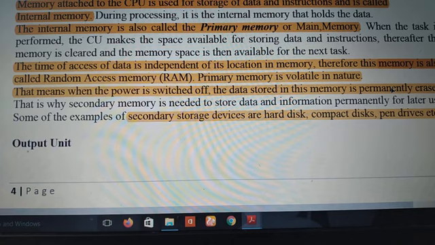ROM is called non-volatile memory: when the power is turned off, the data is still stored. It does not depend on the power. If electricity is not there, the data is still stored here. This is used for reading and fetching data. ROM is used to store data which is used frequently. ROM holds the basic input output software.